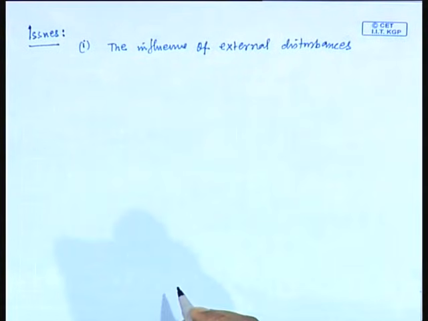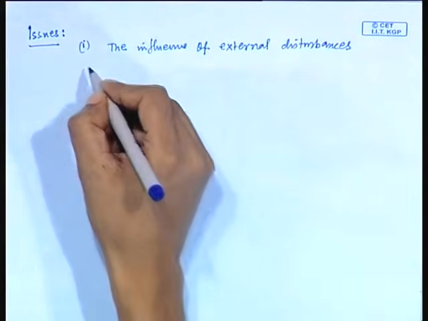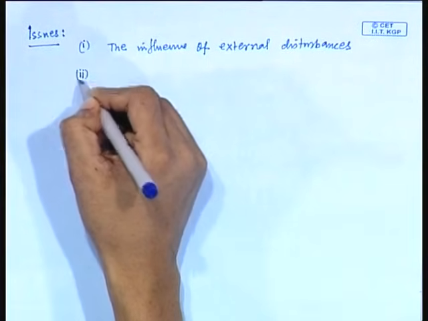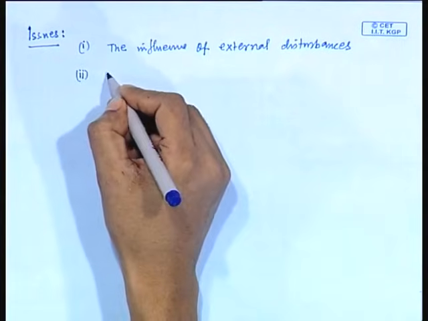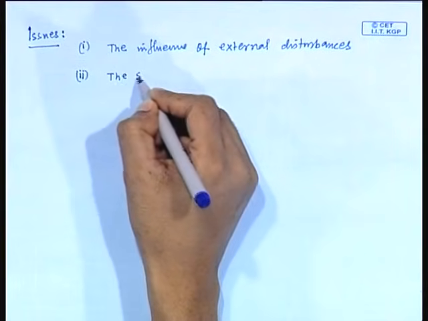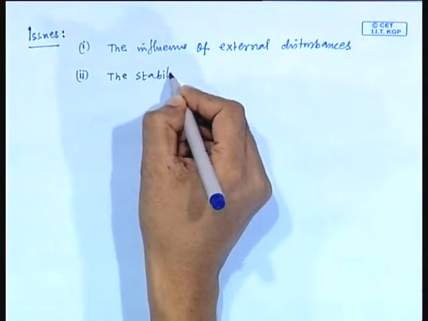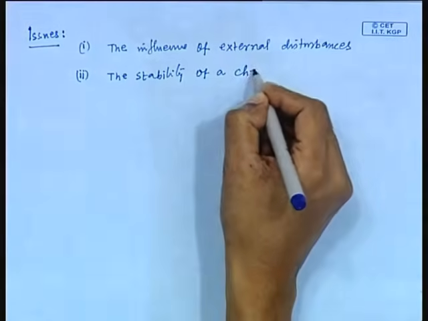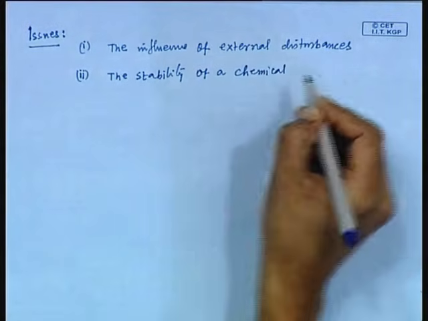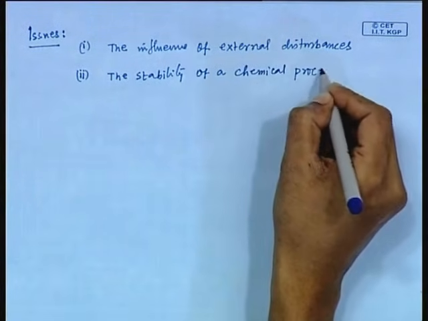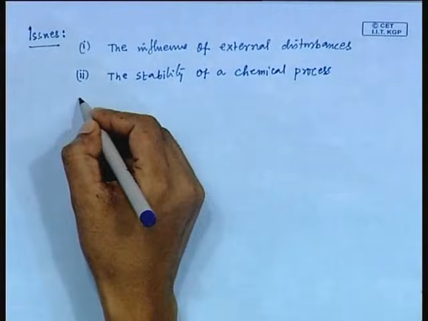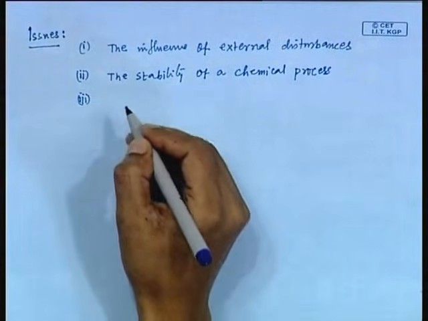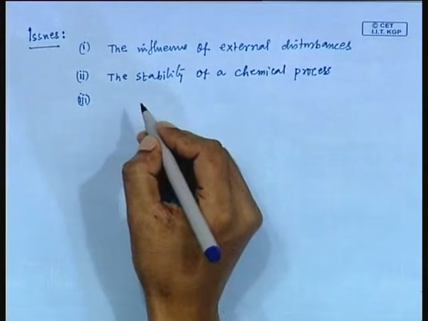This is the first issue, the influence of external disturbances. Second one is the stability of a chemical process. This is the second issue, and third one is the performance of a chemical process.